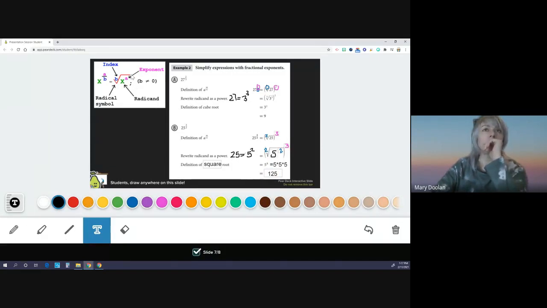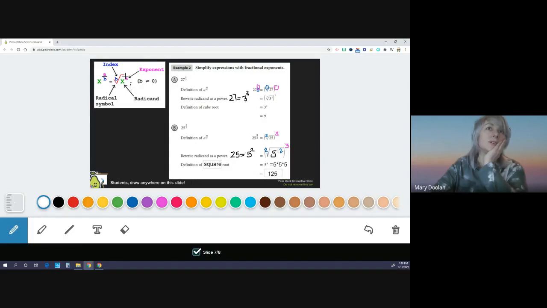I don't really like how, see how this radical comes over the exponent, but then we're not really doing that. So what I want you guys to do is on this slide, get the pencil tool and pick the color white, and just kind of erase a little bit of that because it's kind of weird that it's doing that.